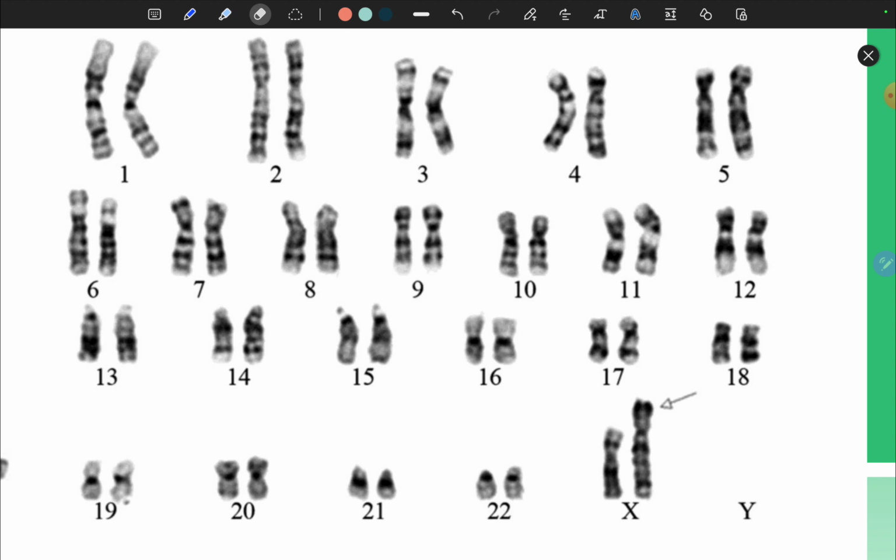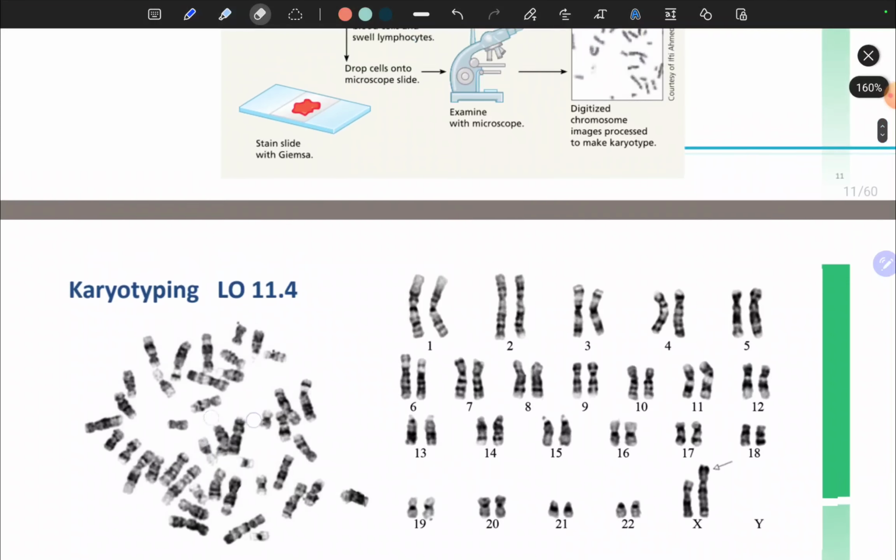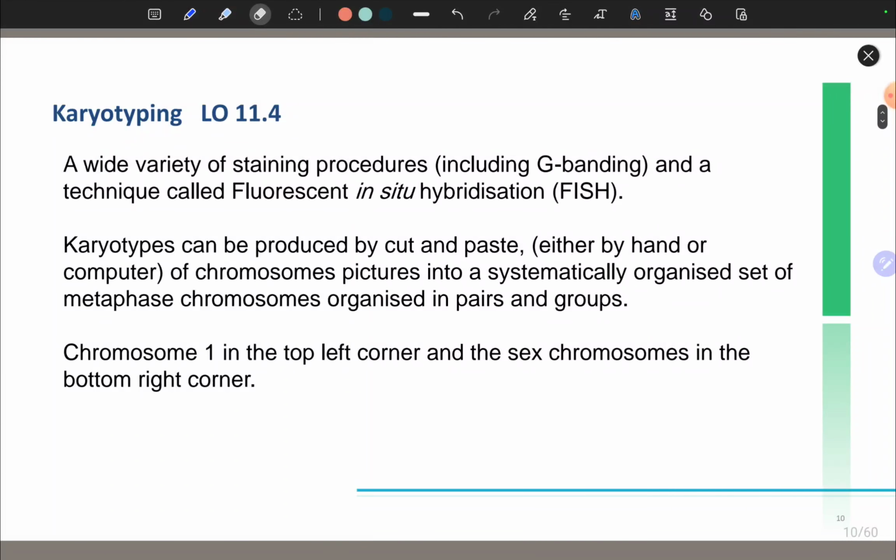Now, probably one might ask, what are the stains we are using? So the picture you saw is black and white, and we have different shades of gray. We call it G-band. G-banding. And we also have another method, which we call FISH, which stands for fluorescent in situ hybridization.